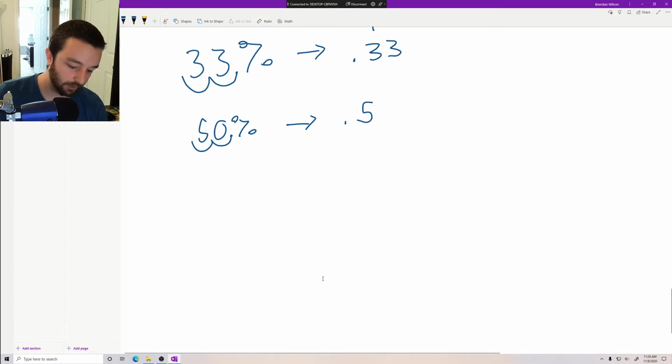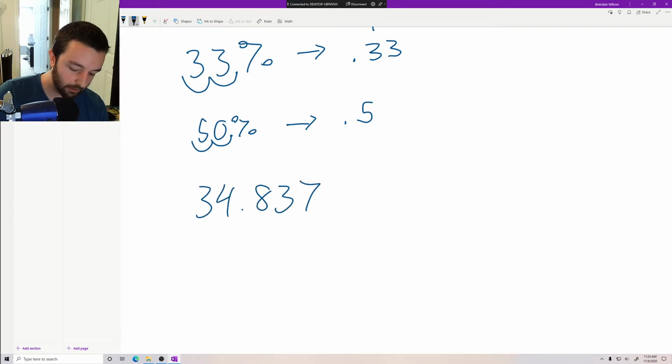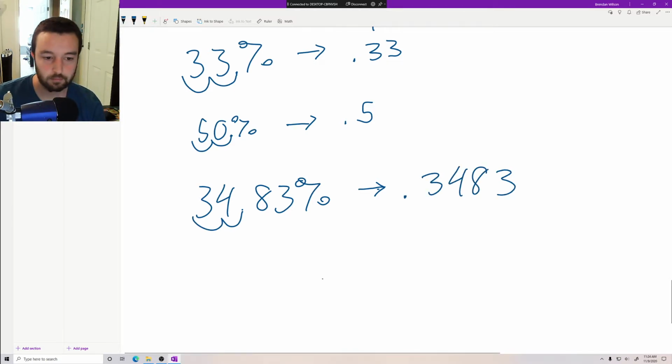Okay. So there's really not a lot to do here. If we have something like 34.83%, then we just take the decimal and move it to the left twice, and we get 0.3483. Okay.